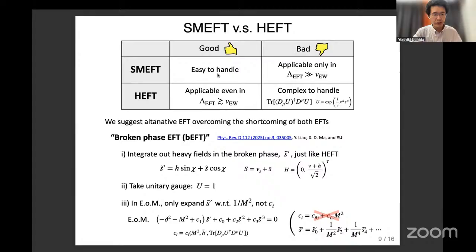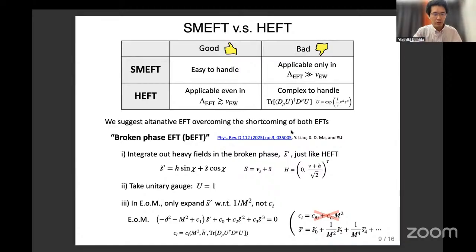As for the HEFT, it is applicable even if the cutoff scale is a little bit closer to the electroweak scale. The disadvantage is that the HEFT is not easy to handle because, as I showed in the previous slides, the Goldstone boson transforms non-linearly. So the interaction basically includes infinite powers of Goldstone boson interactions.